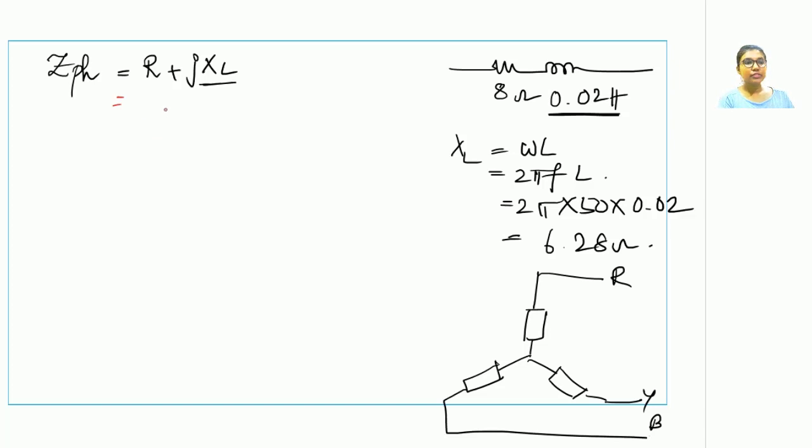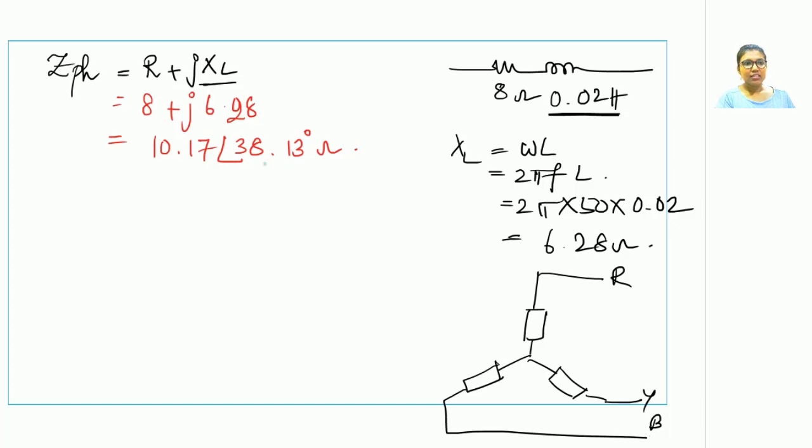So what will be the value of Z phase? It will be 8 plus j6.28. Converting this rectangular coordinates into the polar form, it comes out to be 10.17 angle 38.13. Now here is the most important aspect that we had discussed in our second slide of this video lecture.